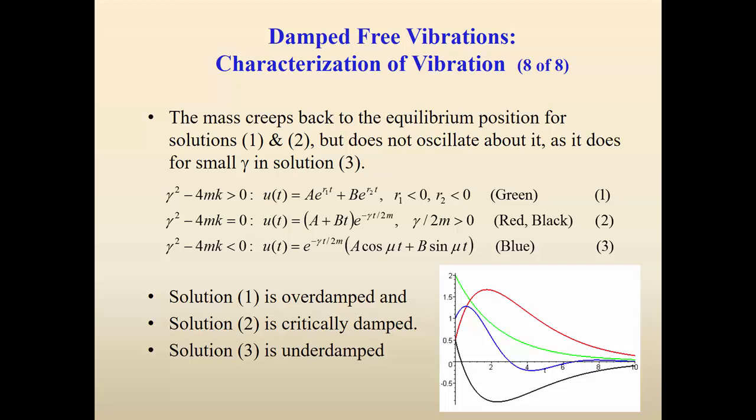That's why you notice the red and black graphs, which are critically damped, have the max and min, whereas the green graph, which is just an overdamped system, goes straight to 0, and the underdamped vibrates, and that's blue.